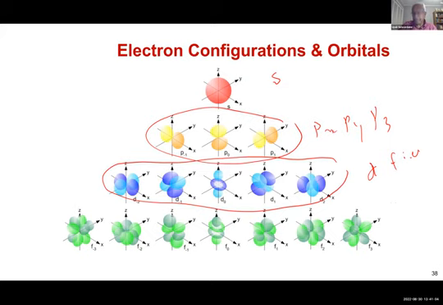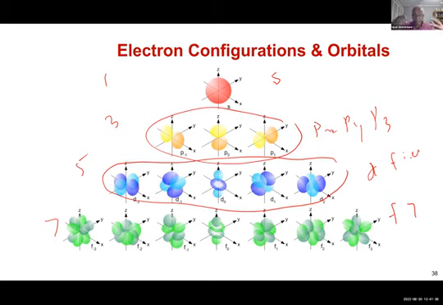The other shape is the f shape. There are 7 of them. If you look at the number of wave shapes, s has 1, p has 3, d has 5, and f has 7.